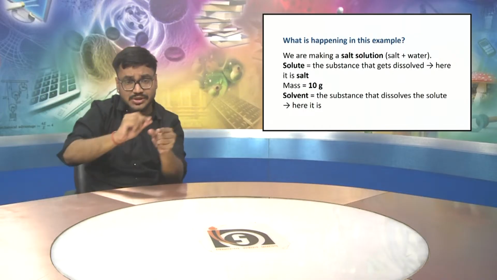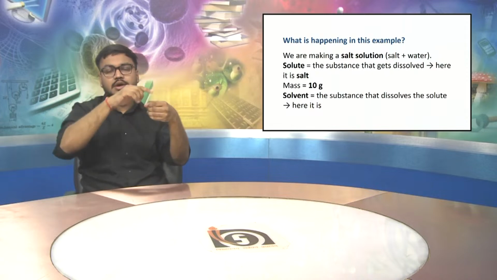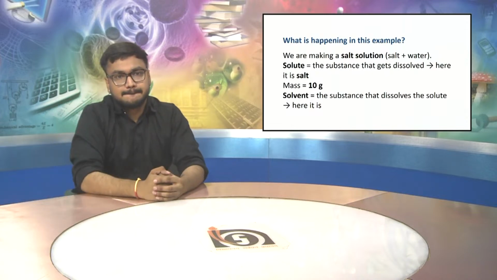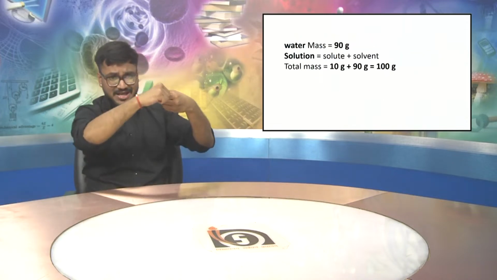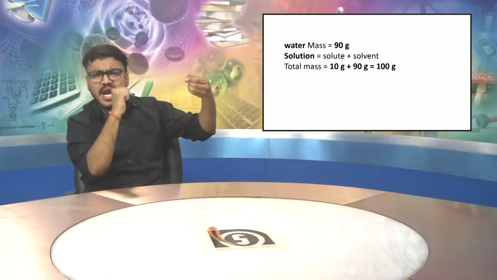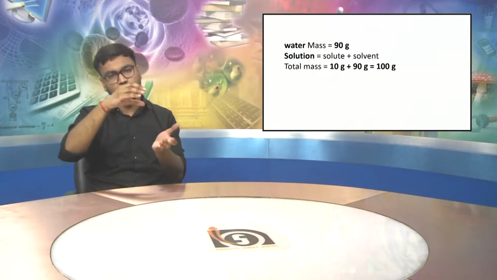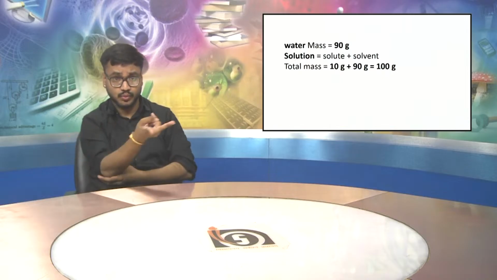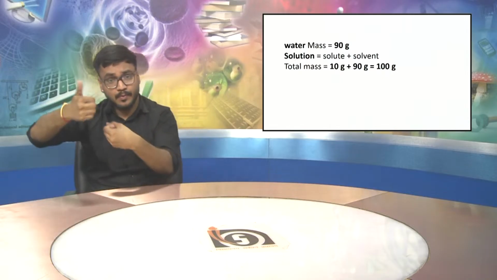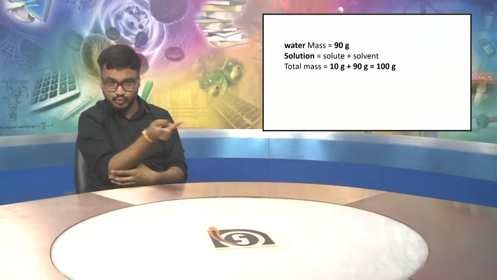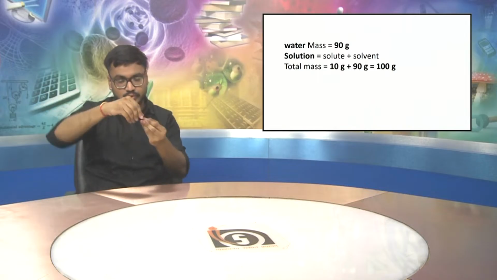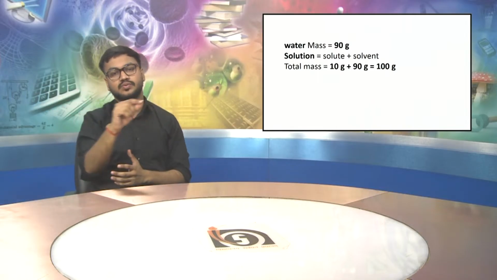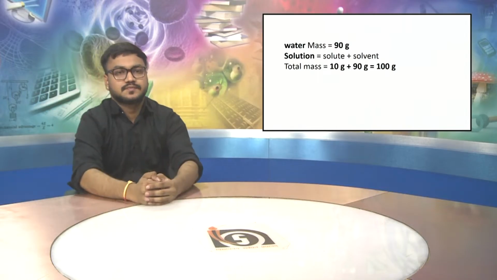And solvent is the substance that dissolves the solute. Here it is water whose mass is 90 gram. So how do we get the solution? Adding solute into a solvent. So total mass we get is 100 gram.